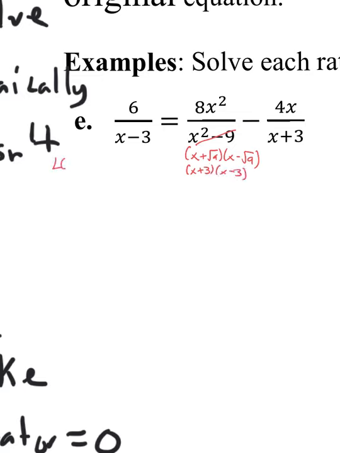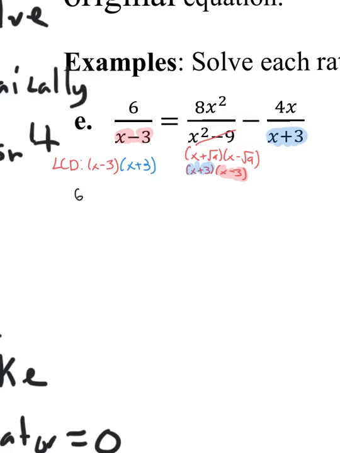Now I can start by identifying my least common denominator. Okay, I've got an x minus 3. Turns out that's going to be in two different fractions, but that's fine. I just have an x minus 3. The other one is x plus 3, also in two different fractions, but I only need to write it down once. So x plus 3 would be my other least common denominator part.